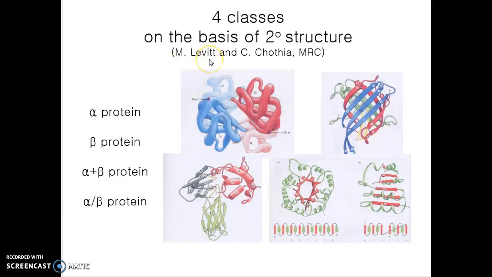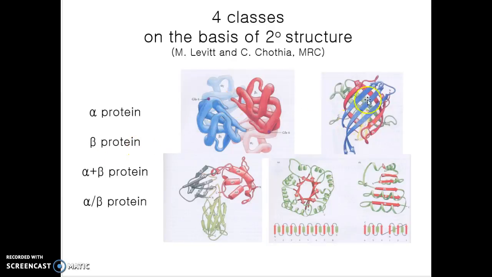Proteins could be classified into 4 different types based on secondary structure, worked by Levitt and Chothia at MRC. First, alpha protein. This is hemoglobin, having only alpha helices as secondary structure.